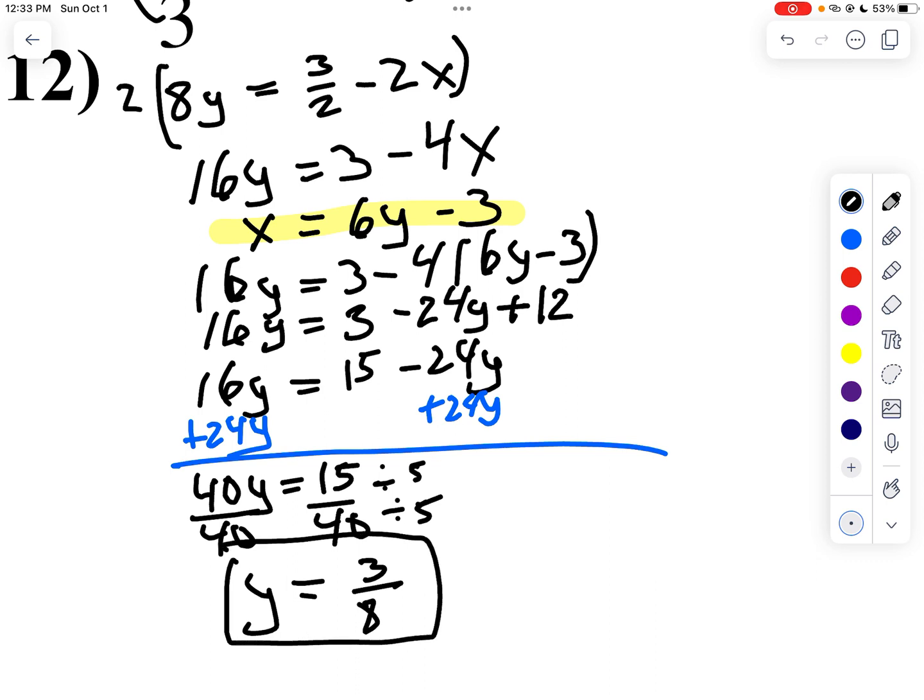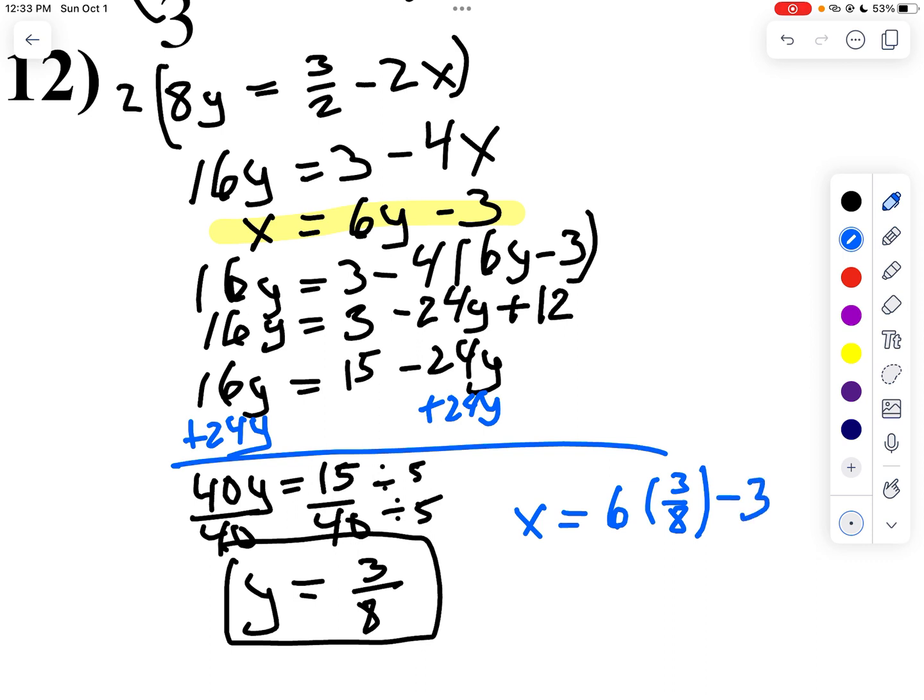Notice, I could not have done graphing with that one. You could have done elimination, but you couldn't have done graphing because you get a fraction for an answer, and that won't tell you 3/8. It'll give you a decimal unless you know what it is. So now let's find x. So x is 6 times y, which is 3/8, and then we are going to subtract 3.